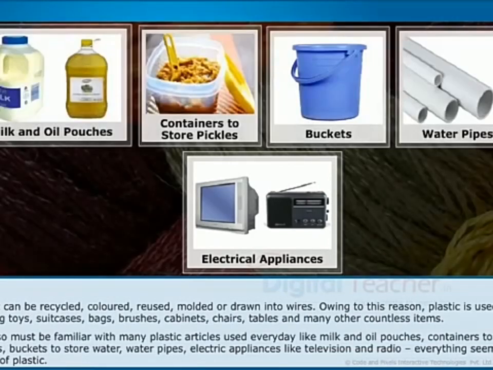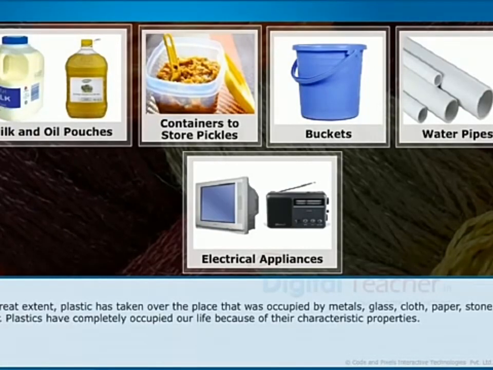Everything seems to be made of plastic. To a great extent, plastic has taken over the place that was occupied by metals, glass, cloth, paper, stone, and wood earlier. Plastics have completely occupied our life because of their characteristic properties.